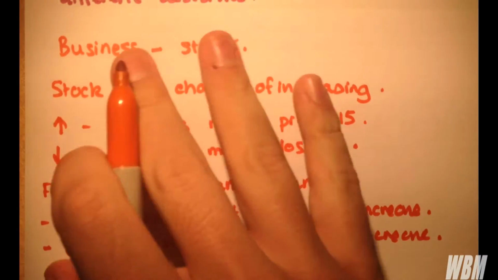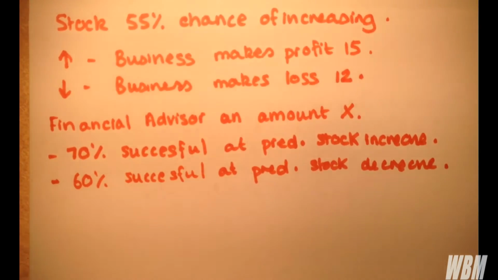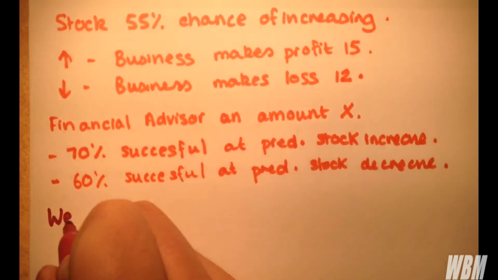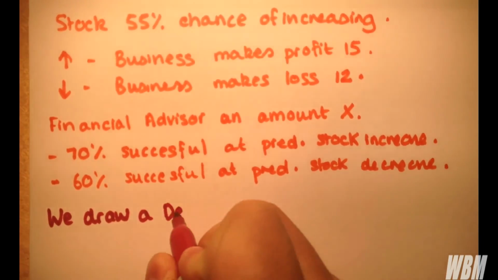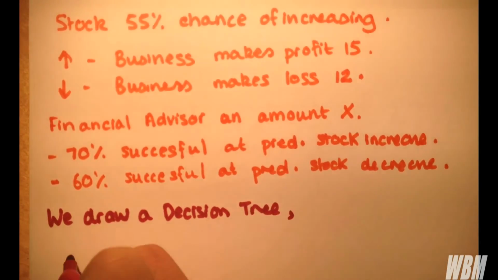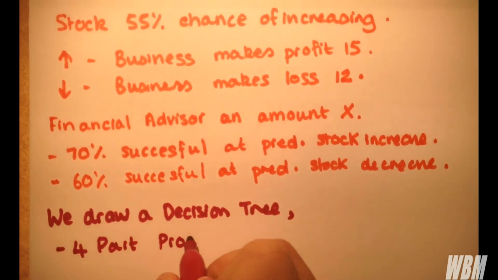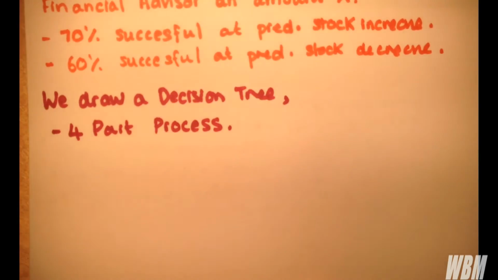So you look at all of this and you think, how am I going to get this into a decision tree? Well, I'm going to do it for you to the best of my ability. So we draw a decision tree, and we use what I call a four-part process. So, process 1.